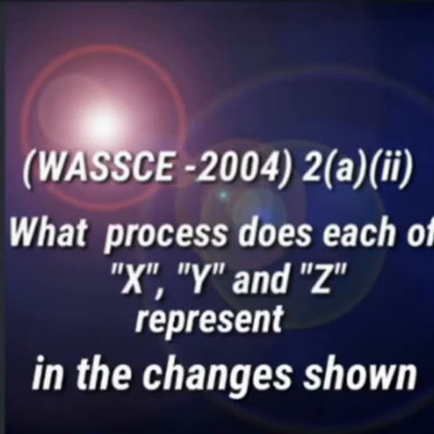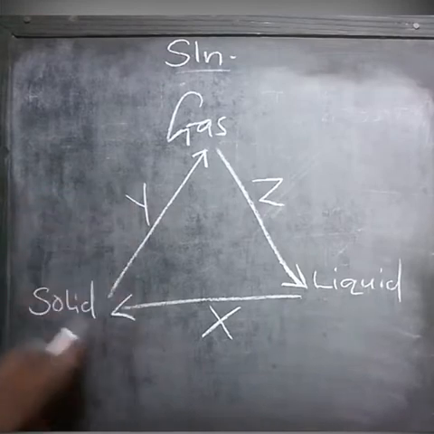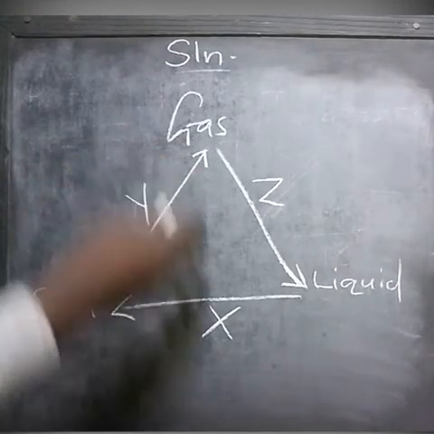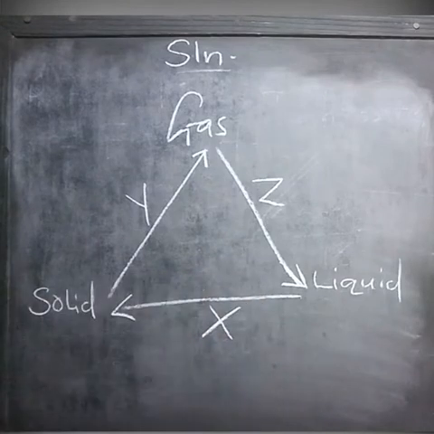So the next question says, what process does each of X, Y, and Z represent in the changes shown below? That is the changes here, from liquid to gas, from gas to liquid, and from liquid to solid.